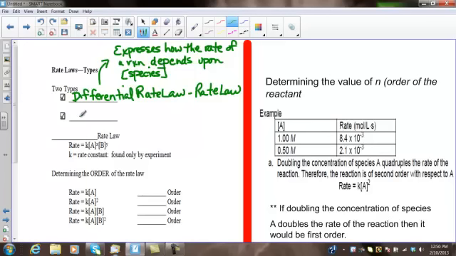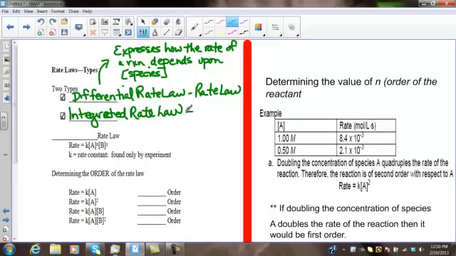And then we have an integrated rate law.